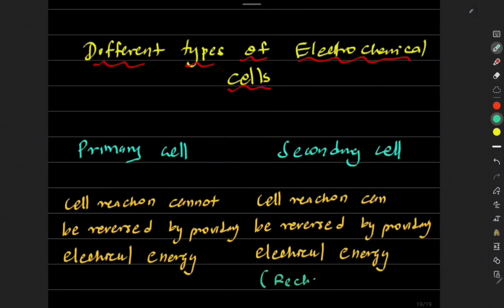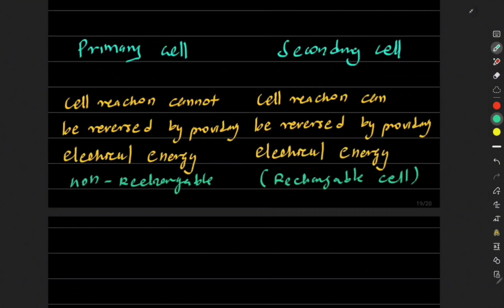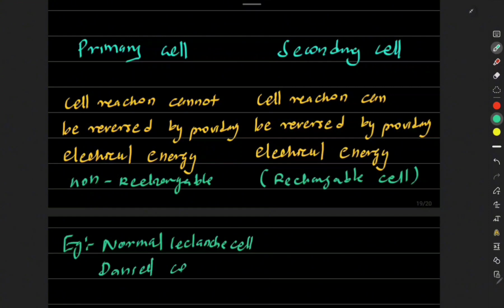These batteries are rechargeable cells, and this is non-rechargeable. Examples: normal Leclanché cell, Daniel cell.